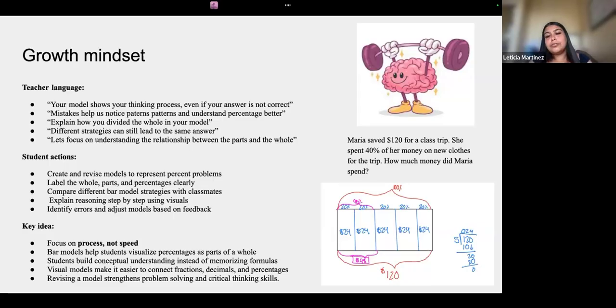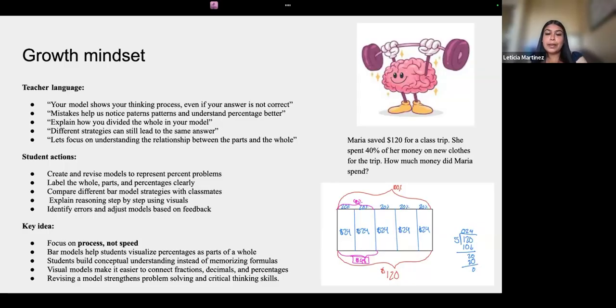So dividing the 100% equally, I did 20% each, which is 120 divided by 5, which is 24 for each 20%. And then there's 40% we need, so 24 and 24, we add it and it's 48.